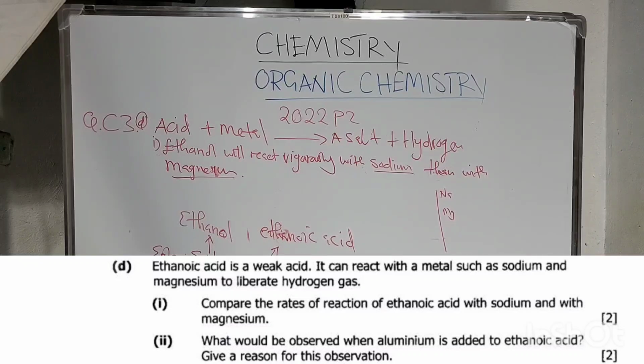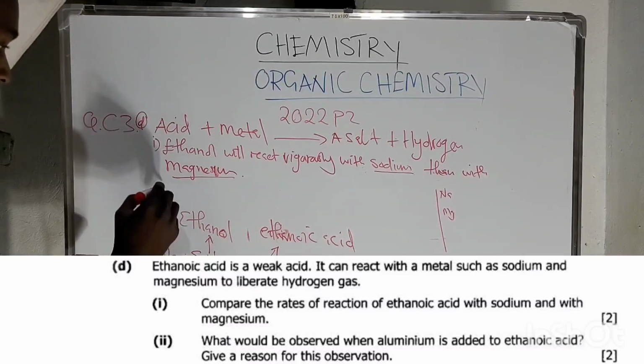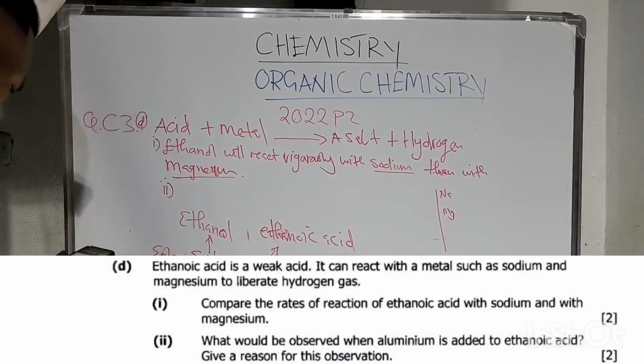Then the second question is, what will be observed when aluminum is added to ethanoic acid? Give a reason for this observation.